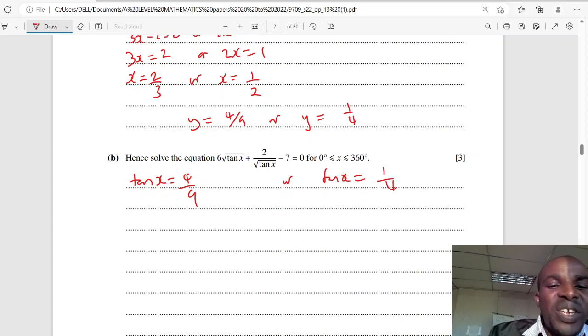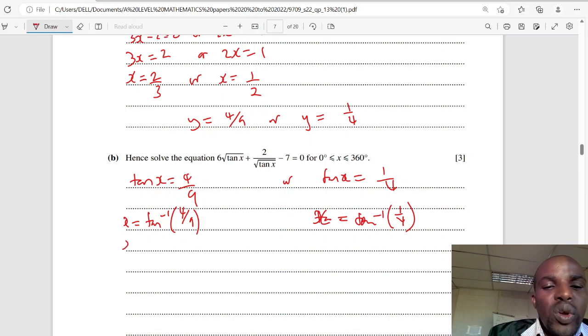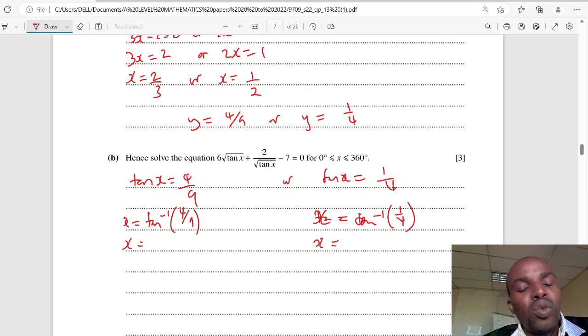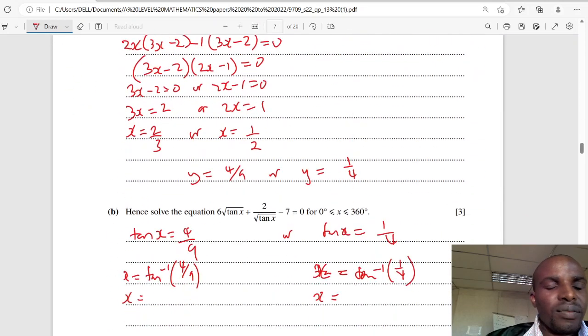Then you can say x is equal to arctan 4 over 9. You get your principal value. Then on this part, x is equal to arctan 1 over 4. So on the first part, x is equal to arctan of 4 over 9. If you use your calculator, it's in degrees mode.